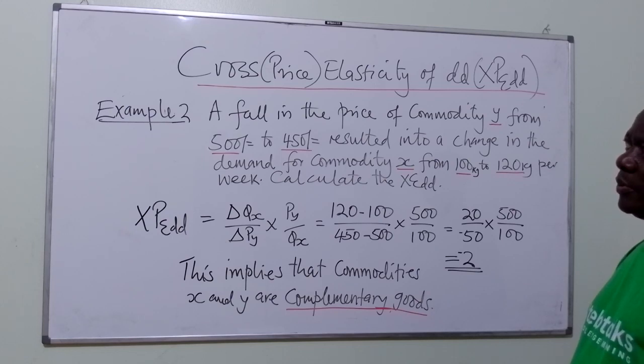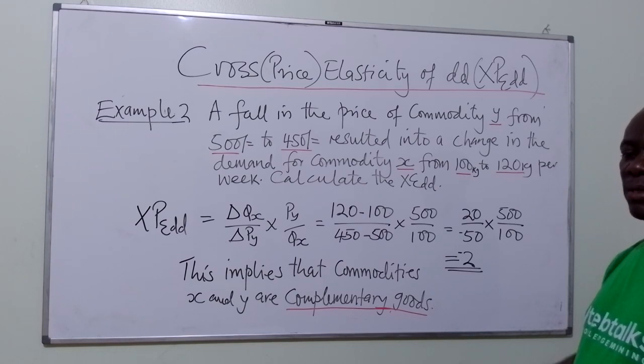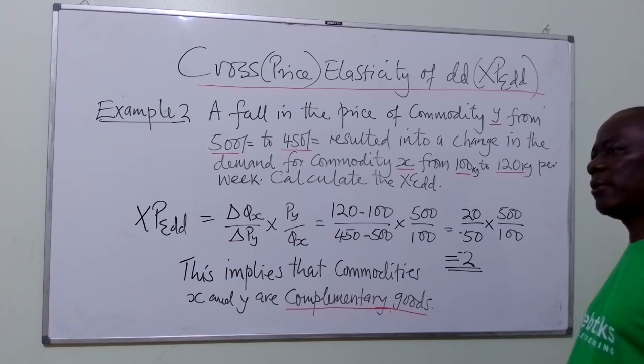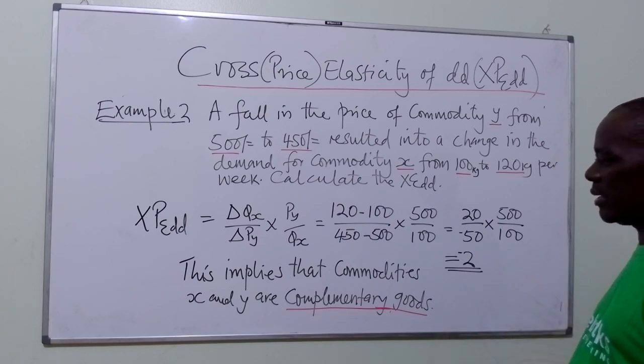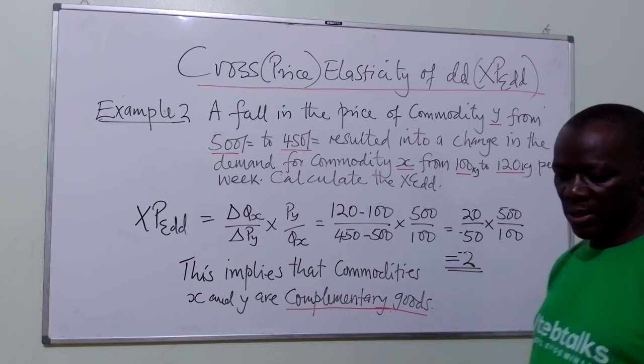So that is cross price elasticity of demand. We have looked at what it is. We have seen what it covers. We have seen what it implies, and we have seen the calculations and how the calculations are carried out and how we conclude from those calculations.